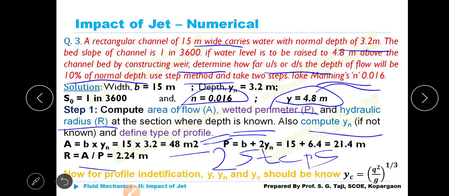R is equal to A by P, where P is equal to B plus 2yn, that is equal to 21.4 meter. Therefore, R is equal to A upon P, that becomes 2.24 meter.